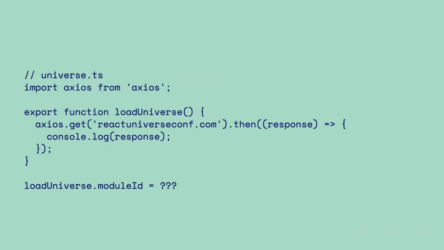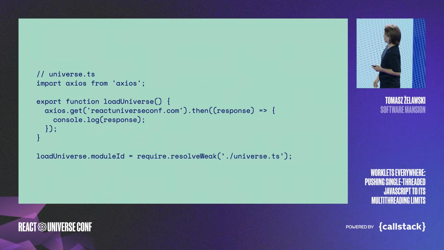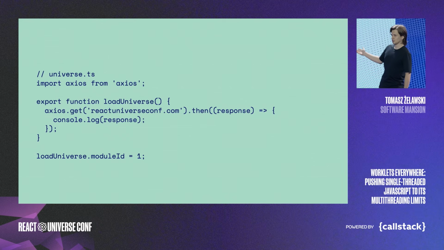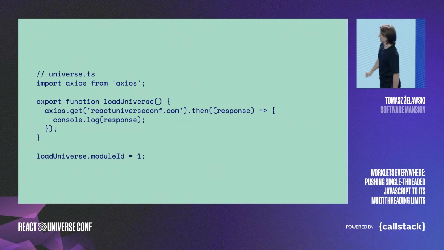Because module IDs are assigned by Metro, and we don't know them ahead of runtime. Well, it turns out that there is a little function exposed by Metro called require resolve weak, which takes a file as an argument and returns the module ID for this file.